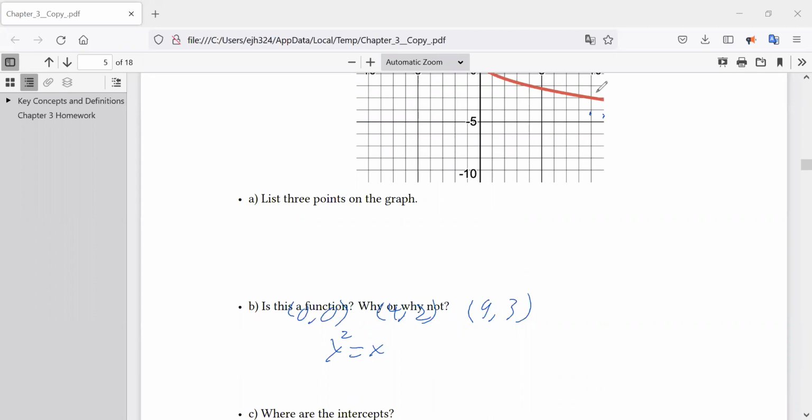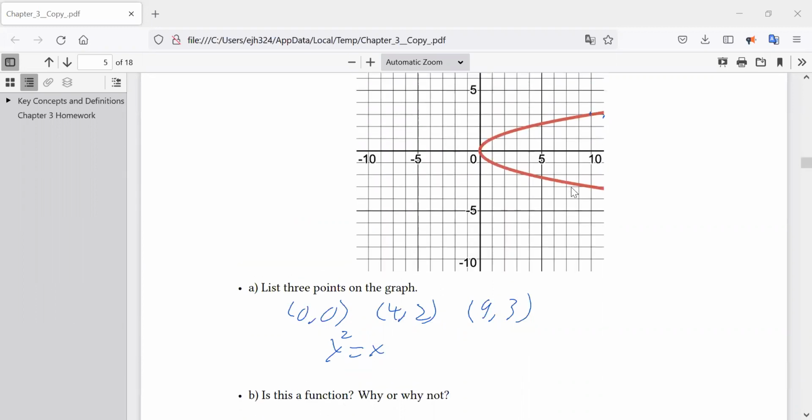So those are 3 points on the graph. And you can pick infinitely many. You also could have picked something like (9, -3), or (1, -1), right? So infinitely many points, and you can pick some on the lower half too if you want.